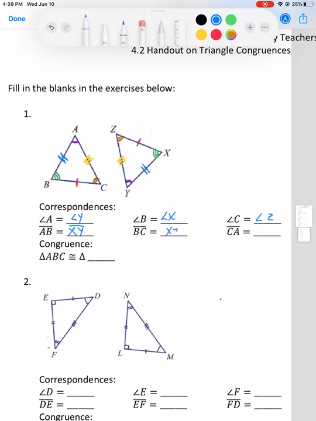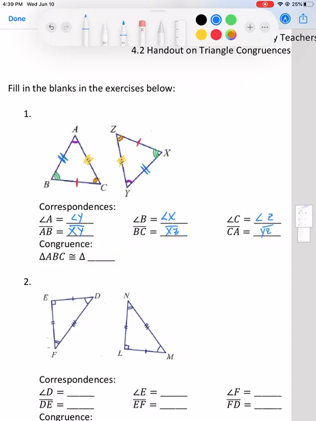So segment XZ is what BC corresponds to. And segment CA has three yellow marks, and so it corresponds with YZ, which also has three yellow marks on it. Segment YZ. Now those are correspondences, relationships between a side and a side, or an angle and an angle, in two triangles.